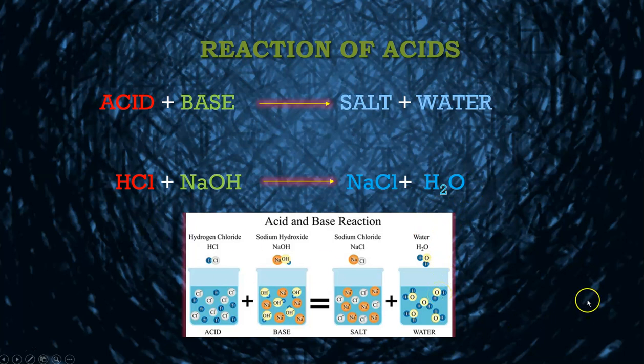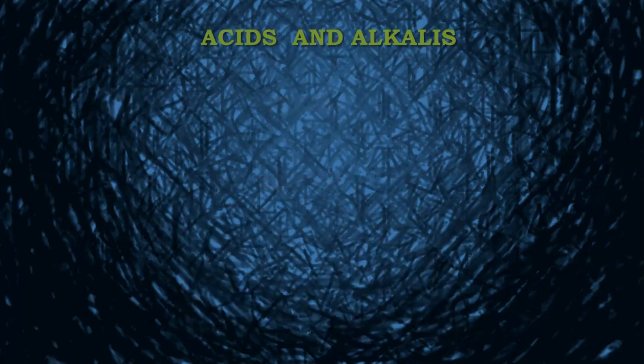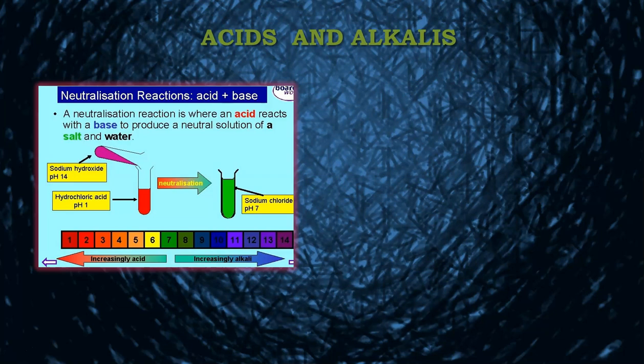So the process is called a neutralization reaction. As I have already explained about neutralization, in this diagram it's very clear that whenever sodium hydroxide, or a base, is added to an acid of a lower pH, they will neutralize to a solution that has a pH value of 7.